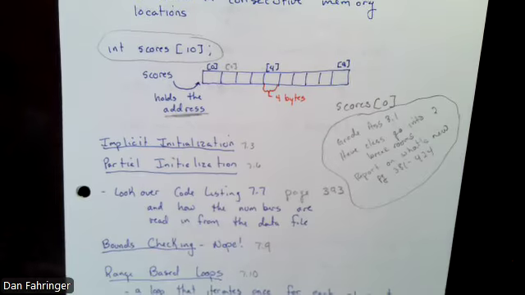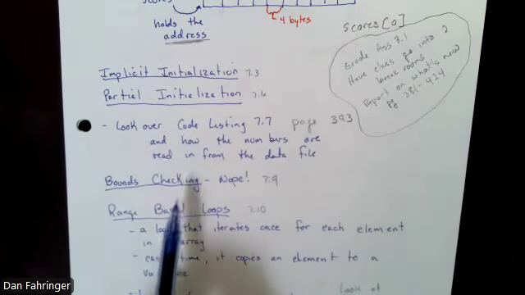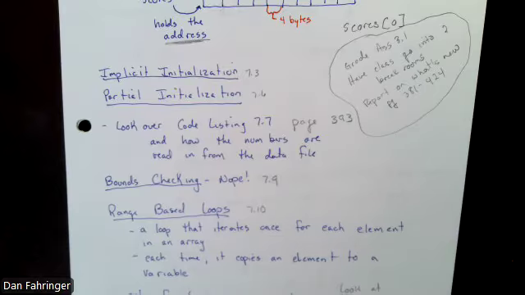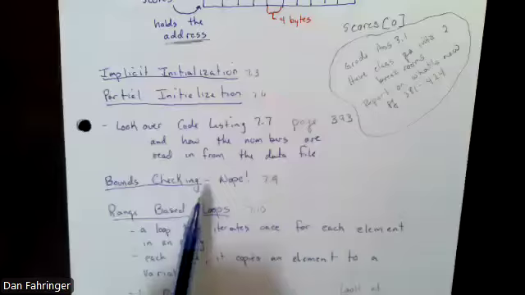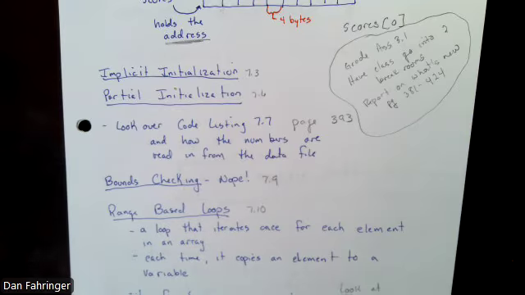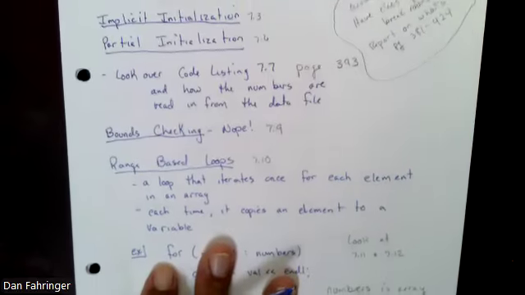So far, so good. Bounds checking. C++ doesn't check. It'll just let you keep going into who knows where. In Java, we got an error message. Hopefully you remembered it from Java when it came up in the videos. And this was the index out of bounds error that you may have seen. Range-based loops.